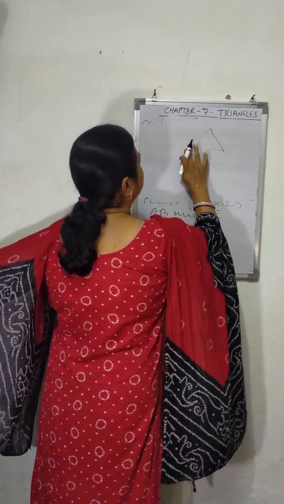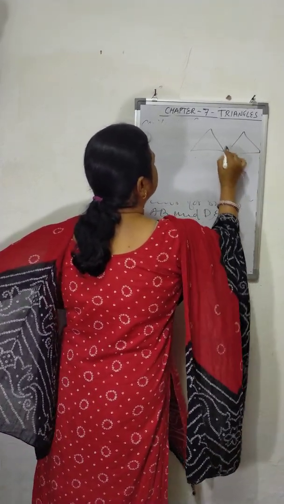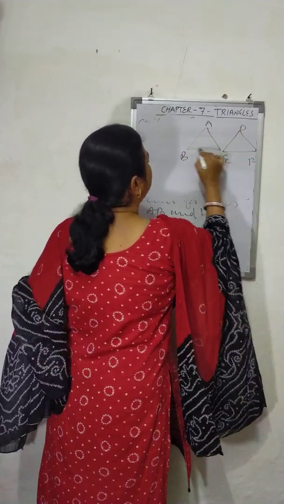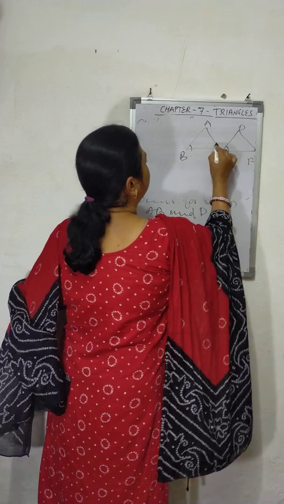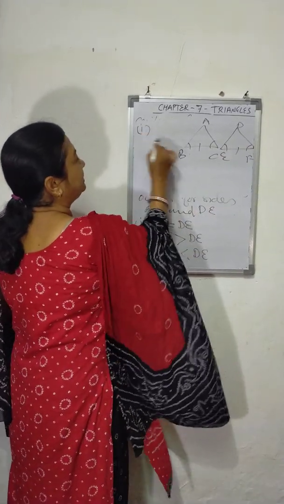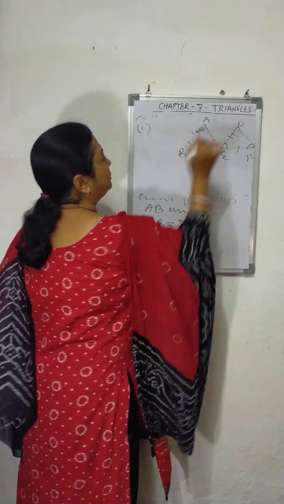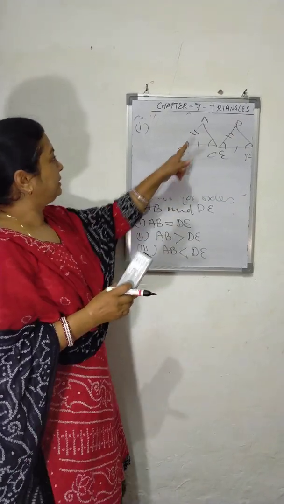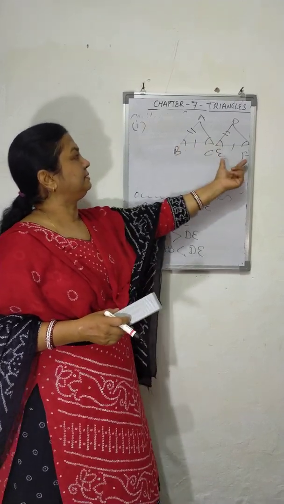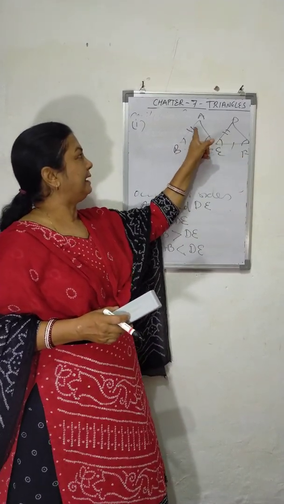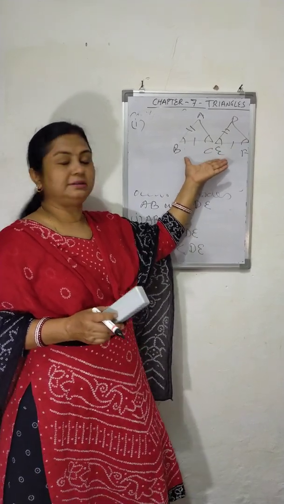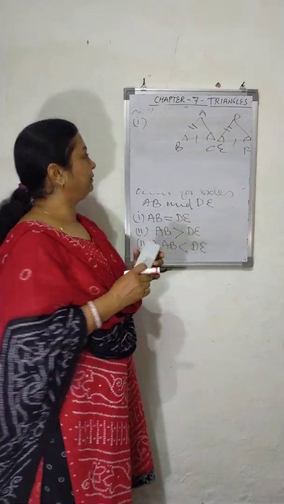So now let us take the first condition, when AB is equal to DE. As we have seen, two triangles ABC and DEF are given, angle B is equal to angle E, angle C is equal to angle F, and BC is equal to EF. And the first condition we are taking is AB is equal to DE. Now here you can see AB is equal to DE, angle B is equal to angle E, and BC is equal to EF. So side, angle, side. By the SAS congruency criteria, both the triangles are congruent.